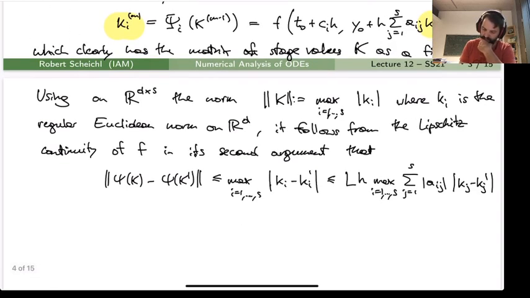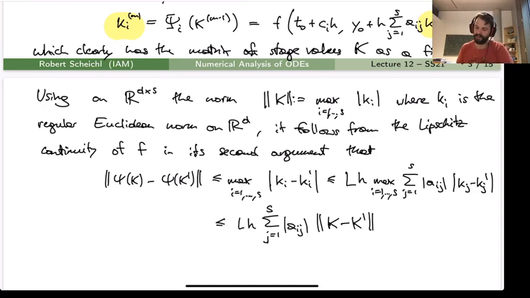So that's less than or equal to L times h times the sum j equals 1 to S of Aij times the norm of k minus k primed. I just pulled out the max of the kj primes.